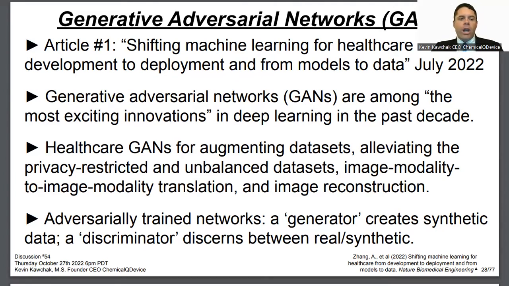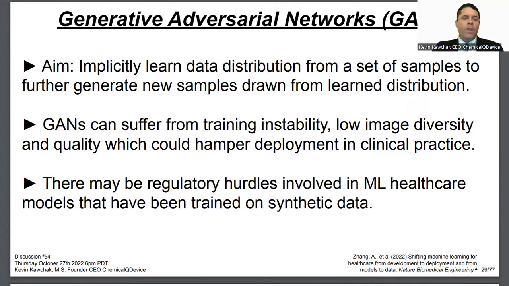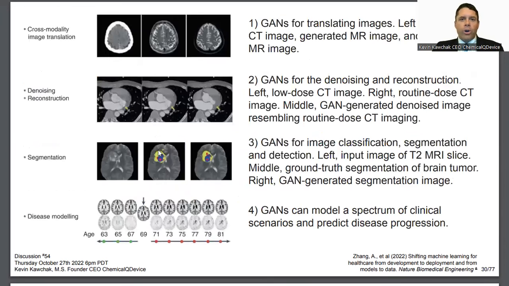So you have a generator and a discriminator, and I'll show you a diagram upcoming as well. So the whole big aim with it is to implicitly learn data distribution from a set of samples to further generate new samples drawn from the learned distribution. Now, the GANs can suffer from training instability, low image diversity, and quality, which could hamper deployment in clinical practice. And then, of course, with the regulatory hurdles there.